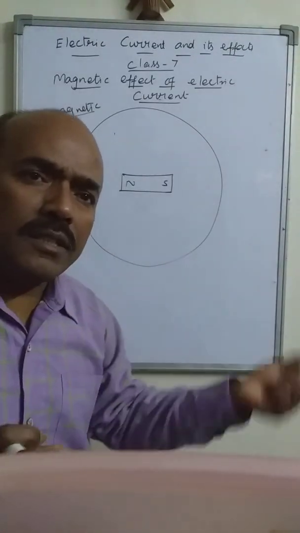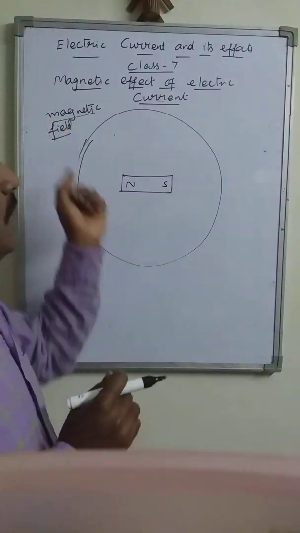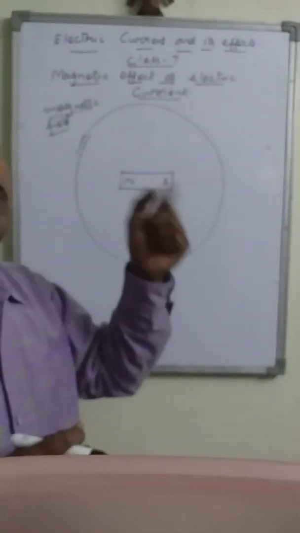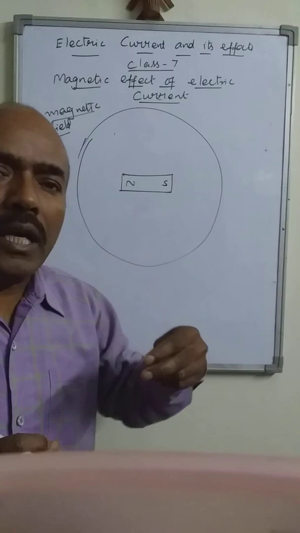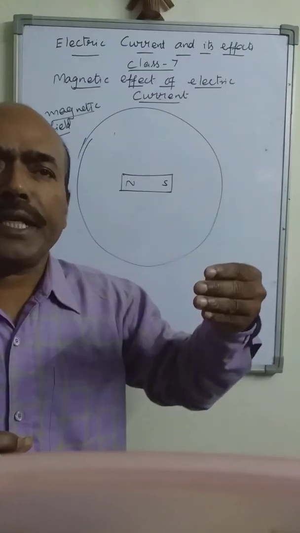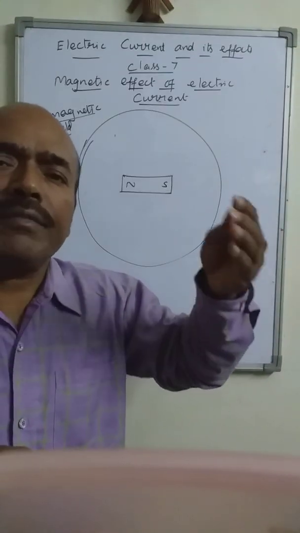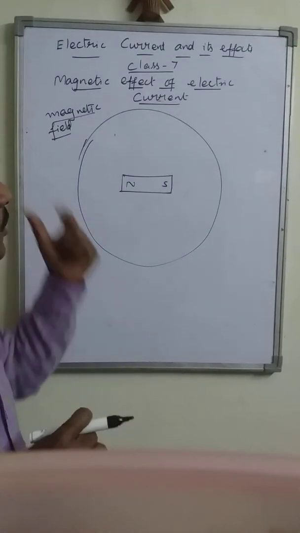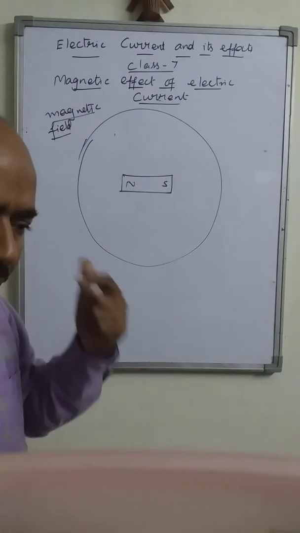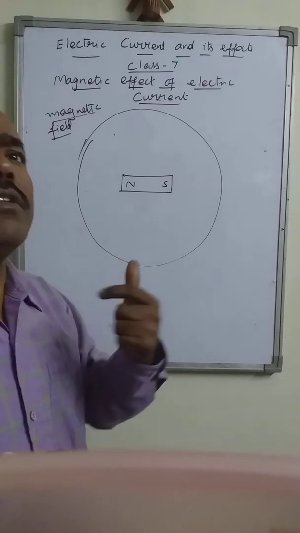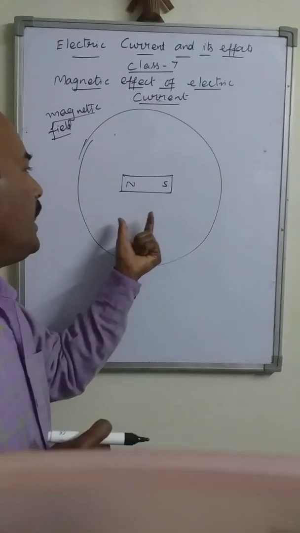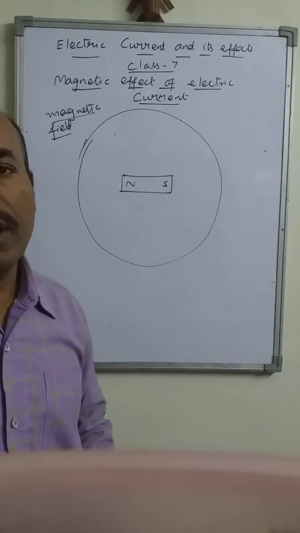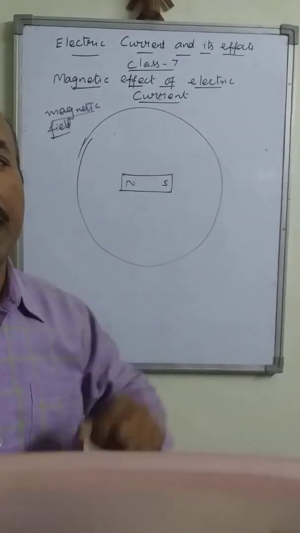If its strength is greater, then the extent is more. So, according to the strength of every bar magnet, the extent of magnetic field is developed around it. Okay. To find out the strength of magnetic field at any particular point, we can use a compass needle.